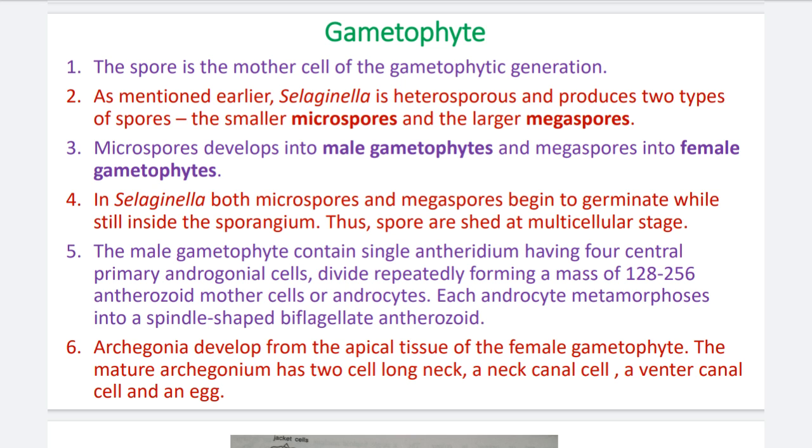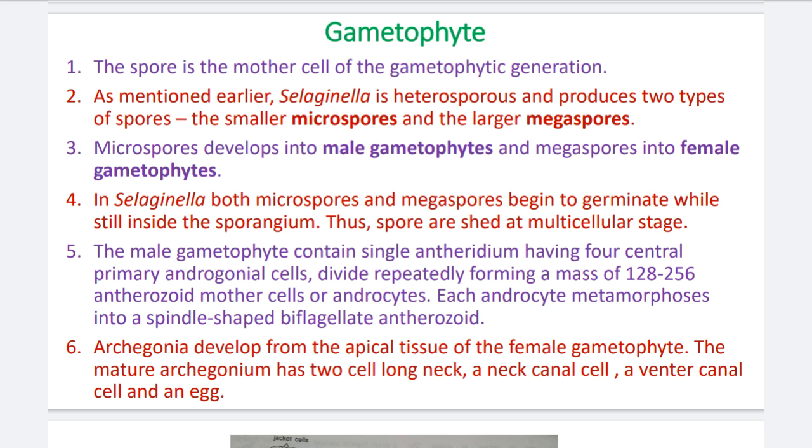A single androcyte is converted into a single antherozoid or sperm, so 128 to 256 sperms are released by a single male gametophyte or single antheridium.